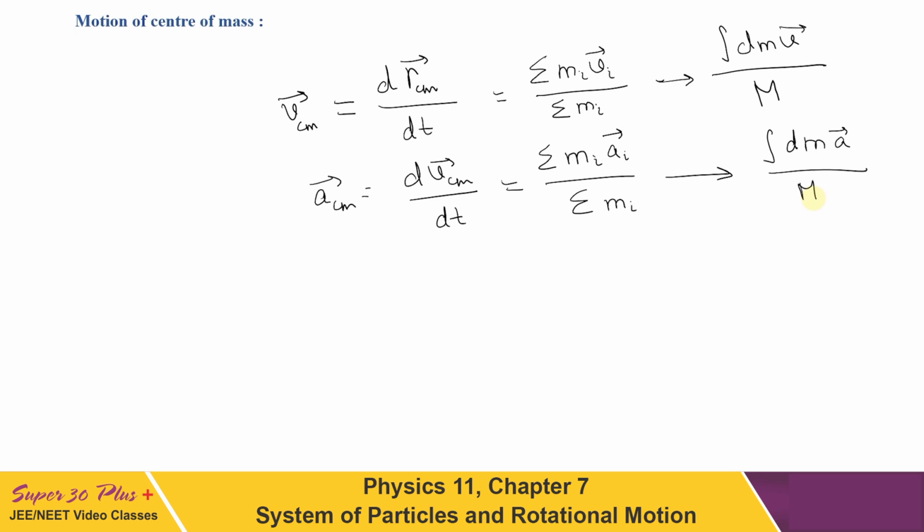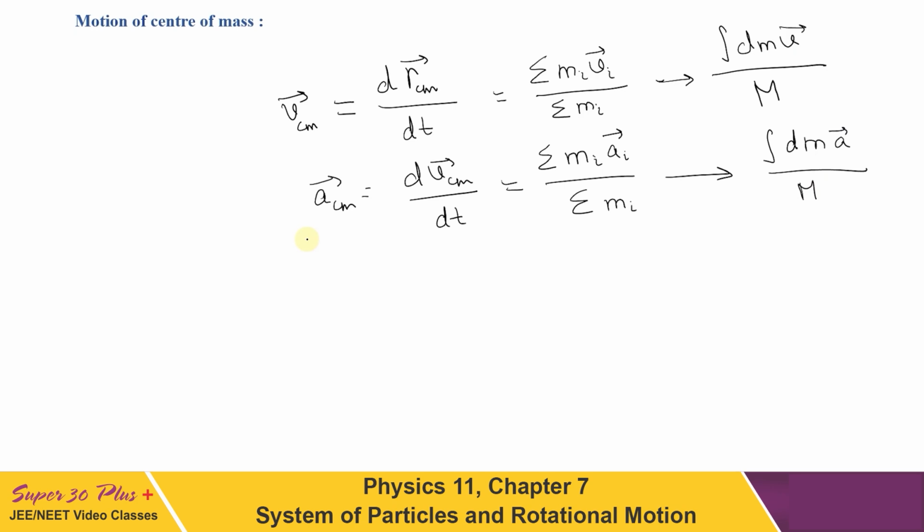Here I have applied vector sign even for continuous mass system, but do remember while solving you have to write separately for v along x, y and z if it is a 2D or 3D motion, and similarly for a also. So in this manner we can define motion of center of mass.